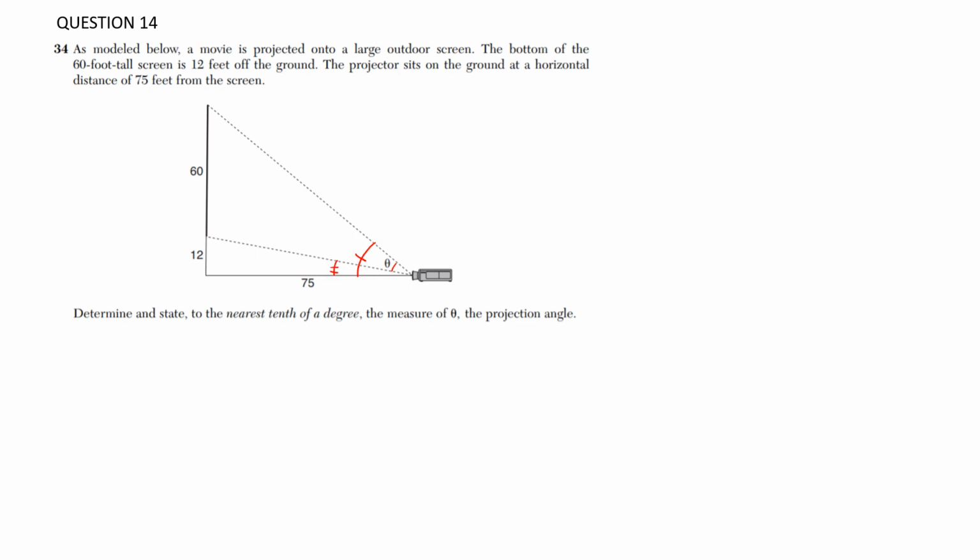It seems like we're given the adjacent leg and we're given the opposite leg information, right? So that tells us we're going to be doing tangent calculations. In this case, we're going to be doing an inverse tangent. We're going to find the big angle first. Let's just label that. Big angle.